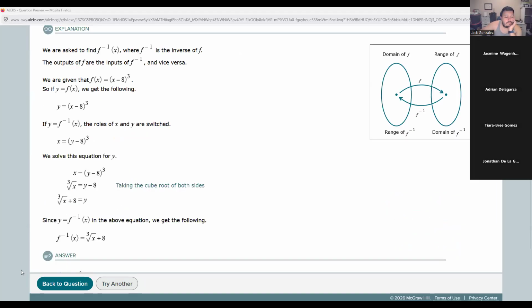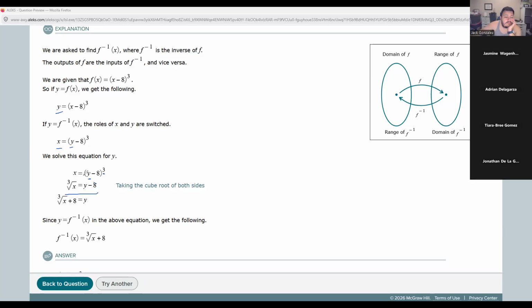So here we go. Step 1, change the f into y, and then switch the y's and x's like we did before, and then solve for y here. So they have to cube root both sides to cancel this, which gets us to there.